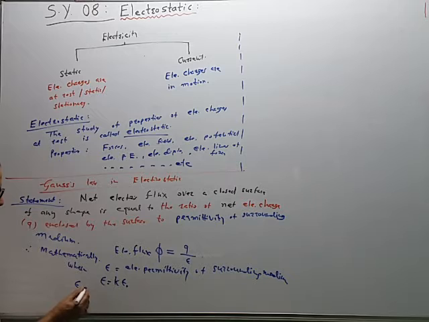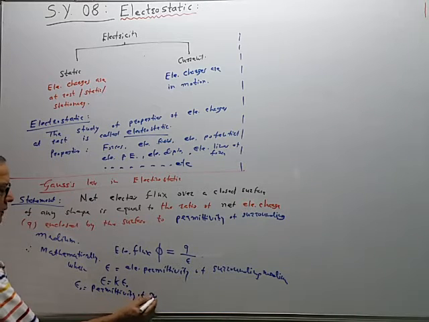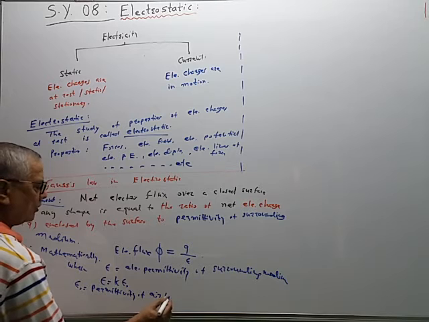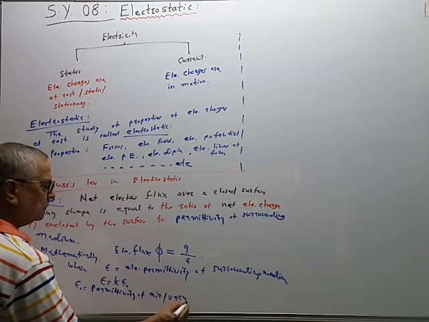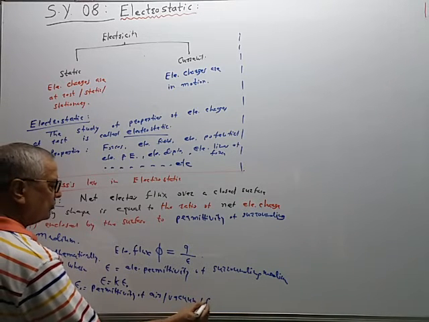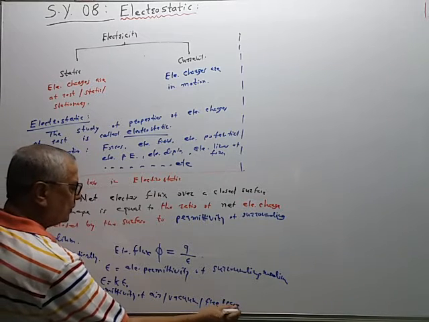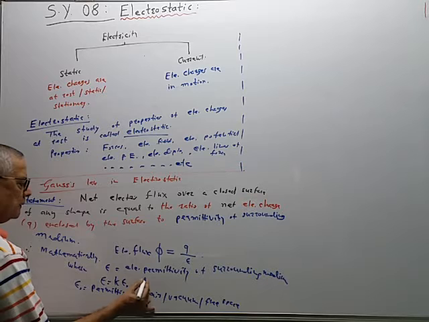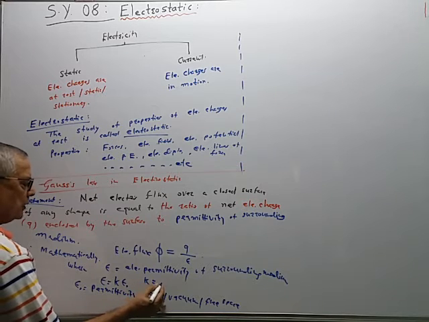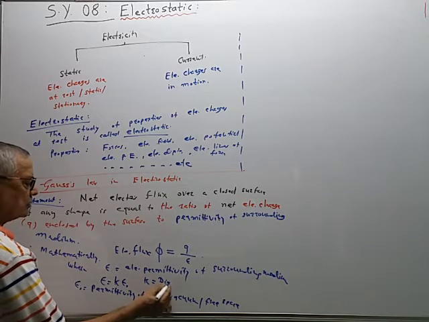Epsilon naught is the permittivity of air or vacuum or free space, and we already know its value, 8.85 into 10⁻¹², and K is called the dielectric constant.